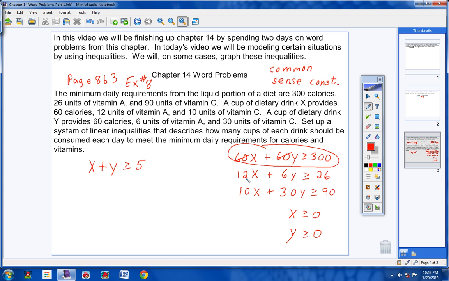Now look at these numbers. 2 goes into all of these numbers. So you can write it 6x plus 3y is greater than or equal to 13. Look at this. 10 goes into all of these, so it'll be x plus 3y is greater than or equal to 9. So before you start graphing with all of these big numbers, you can do that and you'll get it right. But I would recommend that you first reduce the inequalities. It does make it easier, but that's up to you, okay?